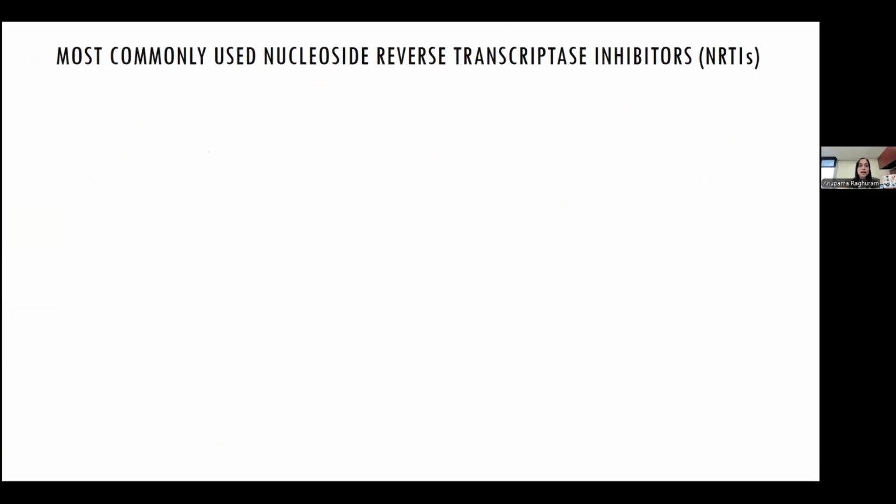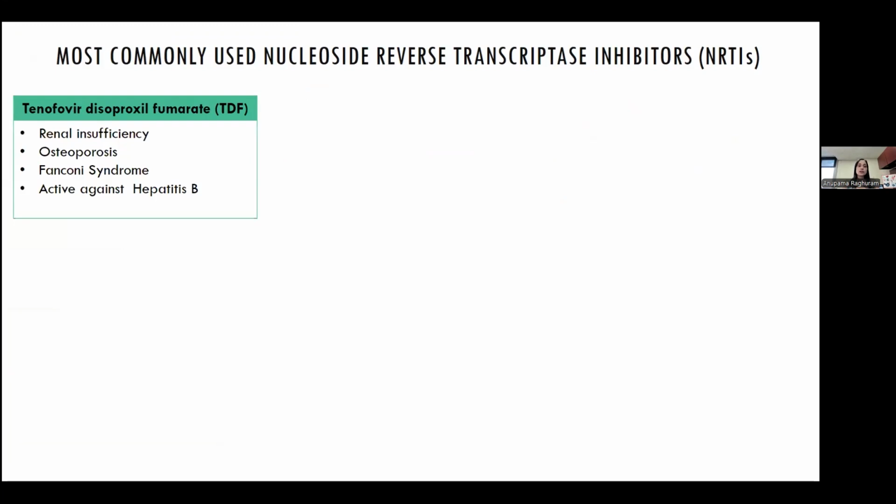All right, so now that we know that and how these drugs work, we're going to dive into the most commonly used NRTIs. Okay, so let's start with our friend tenofovir. We talked about this a little bit at the last talk. So this is the older version of tenofovir, tenofovir disoproxil fumarate, or TDF. I joked last time that old has a D and this has a D, and that's how I remember this is the older version.